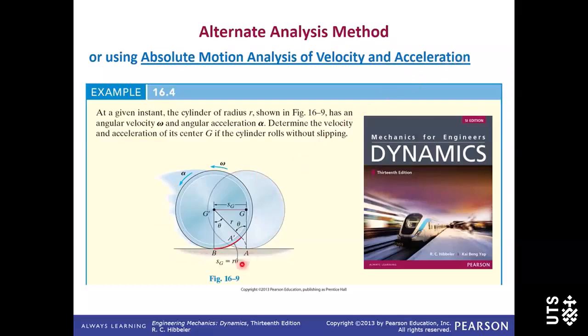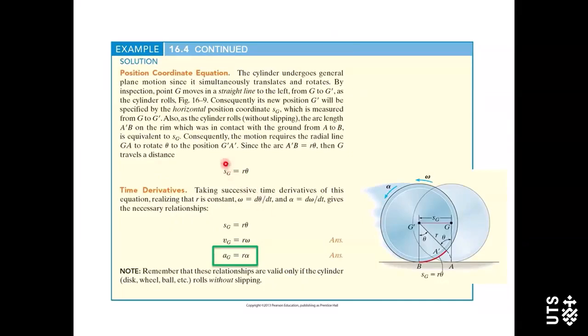Because this is a rolling without slip problem, the distance of the circle center point G, SG, can be expressed as r times theta. Then I can do time derivatives on both sides for the first time and then the second time, so I can get AG equal to r alpha.